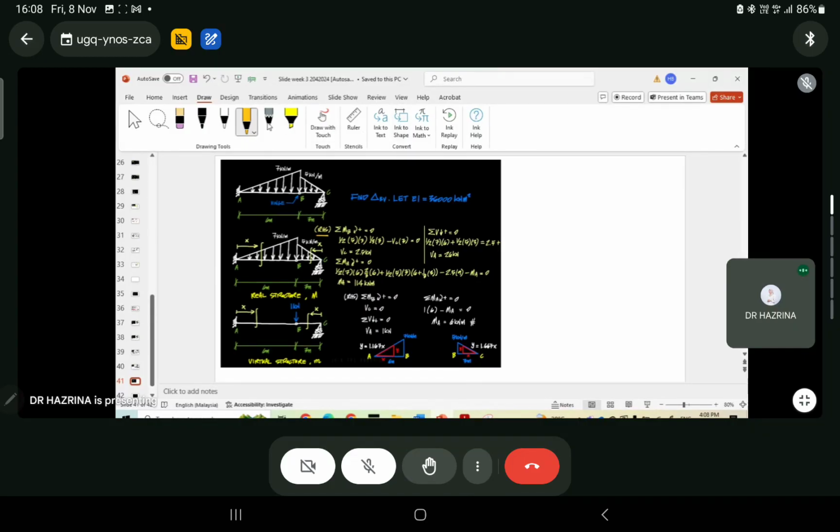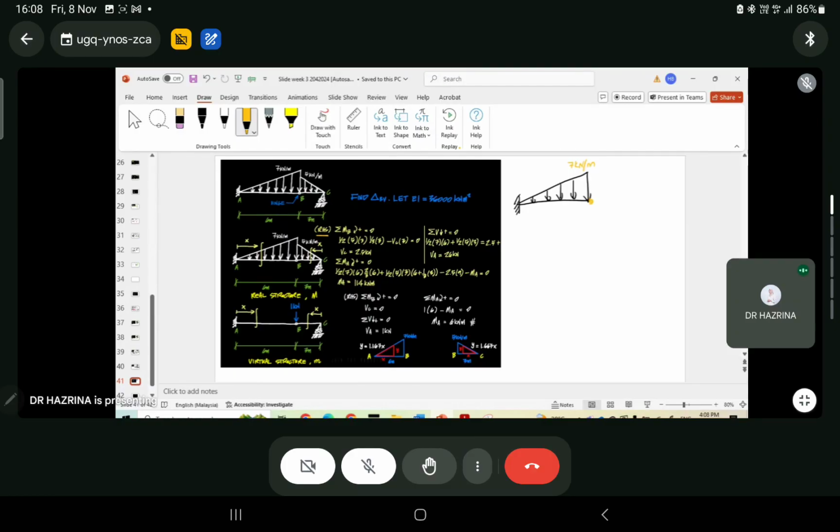Another cara. In here you boleh buat, you have the loading. So you have this. And then this is a hinge. So you ada 7 kilonewton per meter.